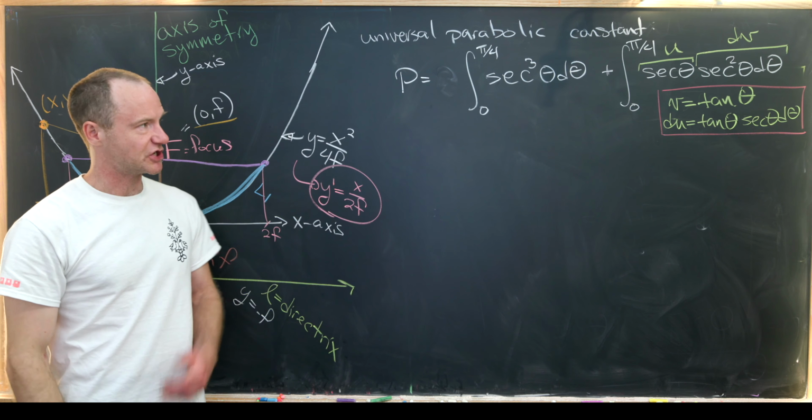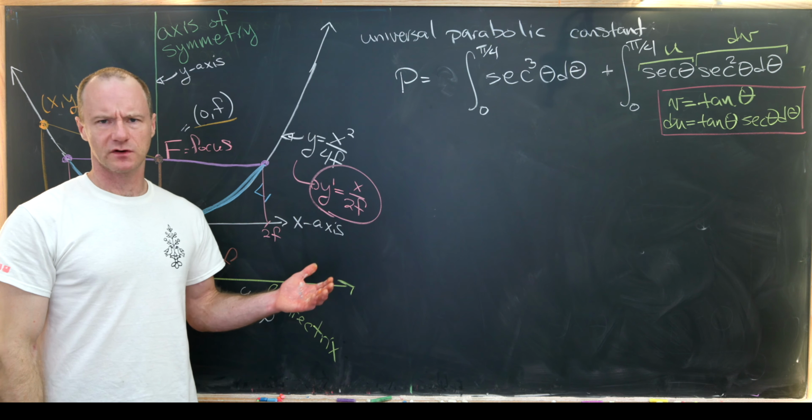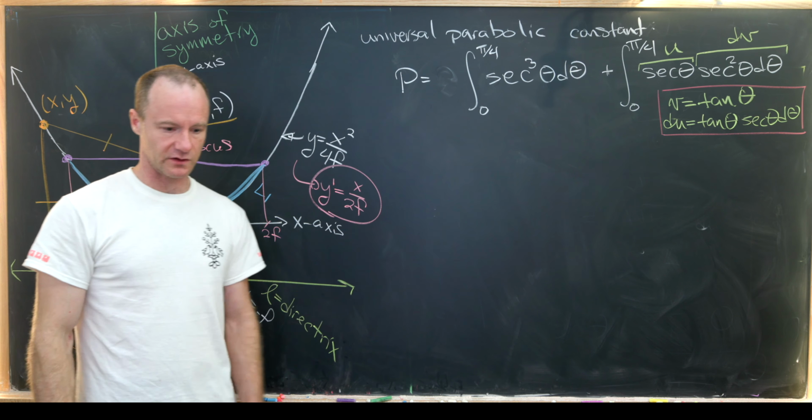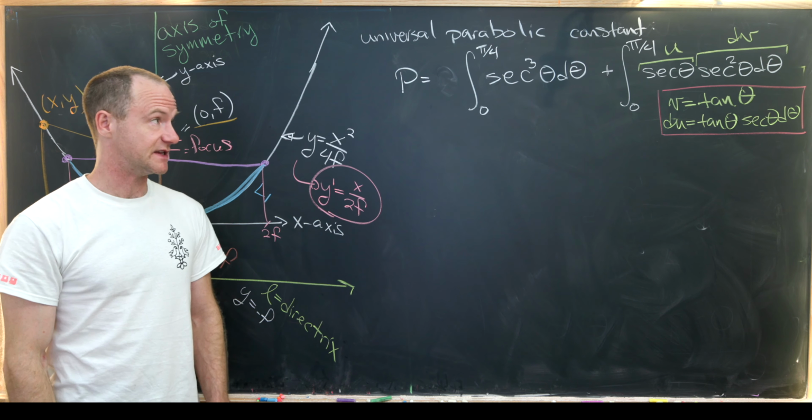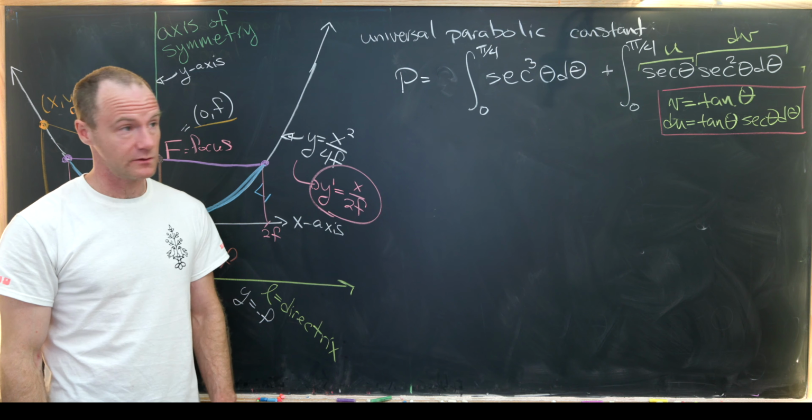Now we'll use our integration by parts formula. Let's recall that that says that the integral of u dv is equal to u times v minus the integral of v du.